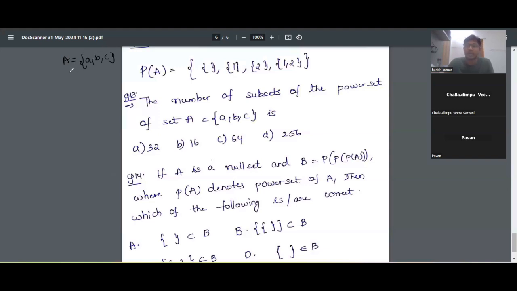If set A contains 3 elements, how many elements are there in the power set? 8 elements, right? Because it is 2 raised to the power 3, which is 8. Now we have to calculate how many subsets there are for this power set which contains 8 elements. How many subsets will there be for a set which contains 8 elements?